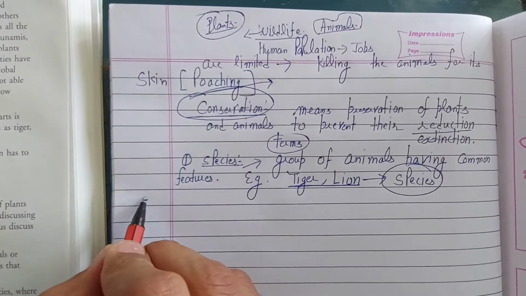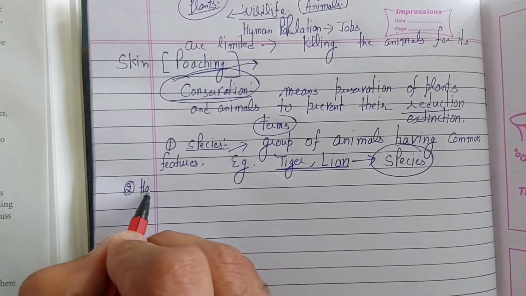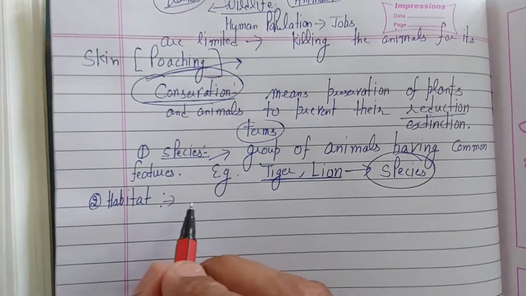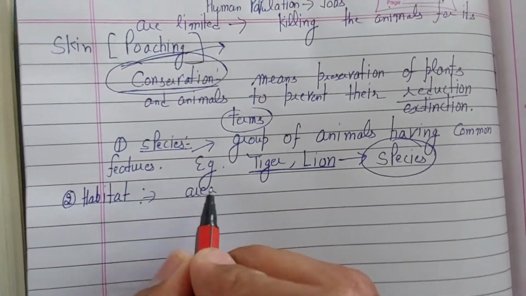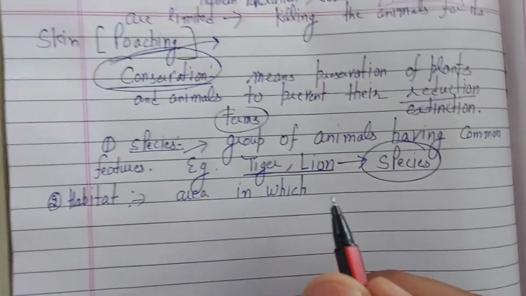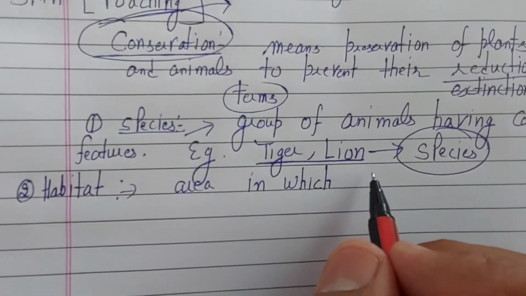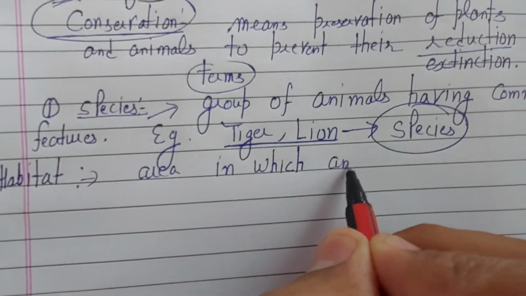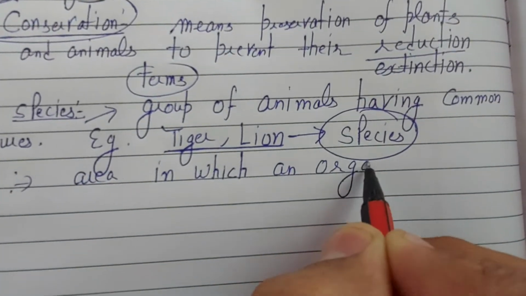The next concept is habitat. Habitat means an area in which an organism lives. Suppose some organisms are living in your area, that is the habitat of that organism.